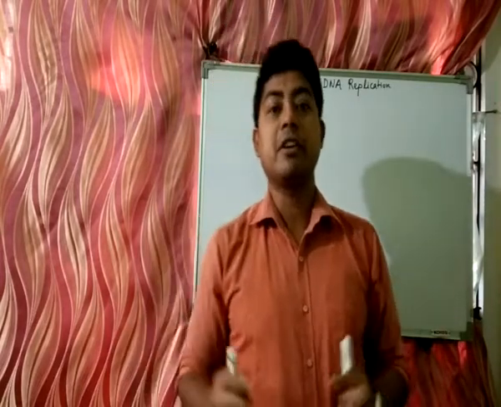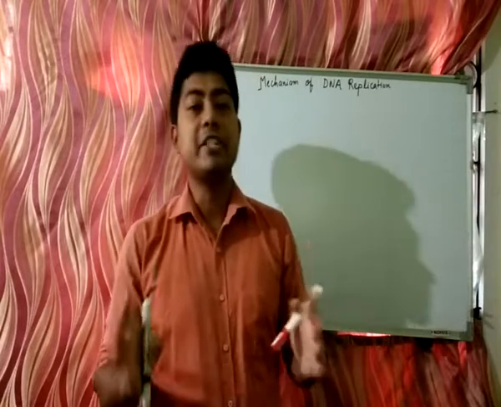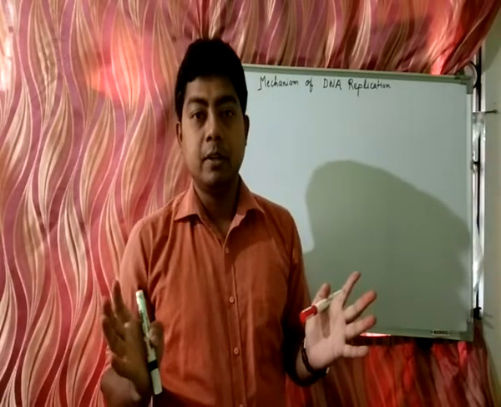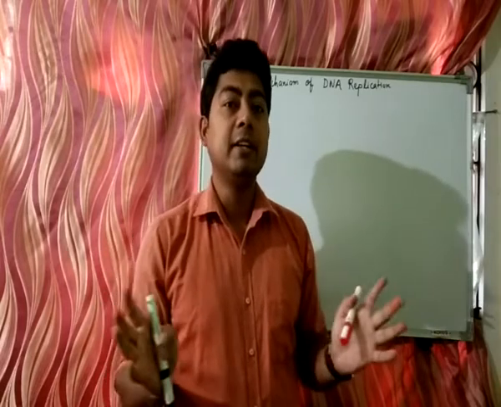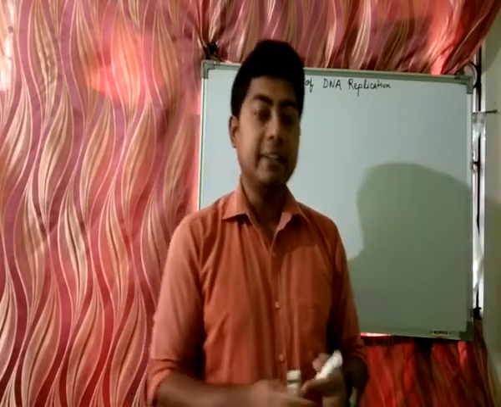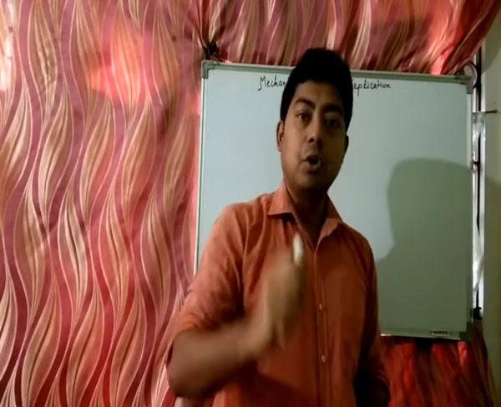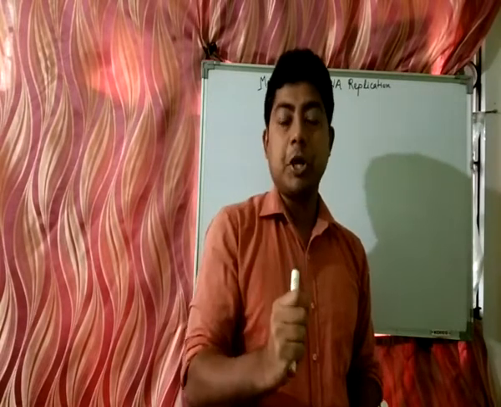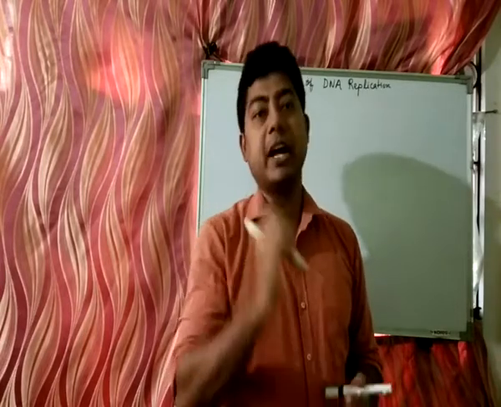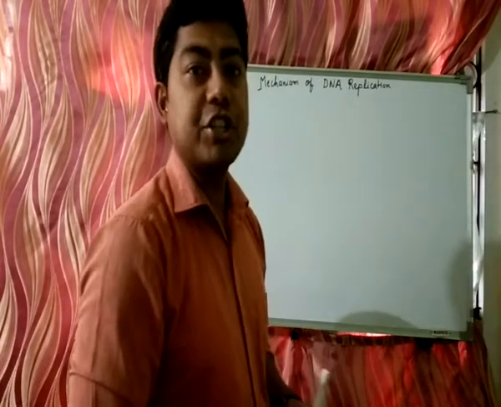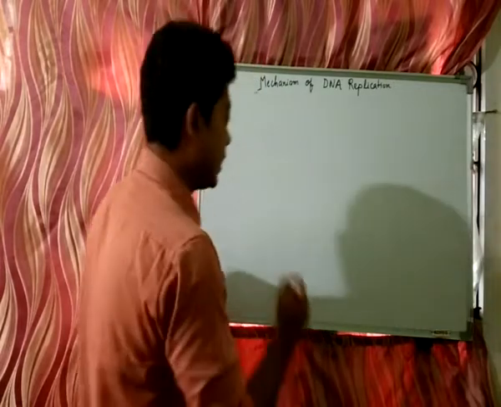But in case of eukaryotes, there are multiple origin points. And that origin point may be bidirectional or unidirectional. So what is bidirectional and what is unidirectional?